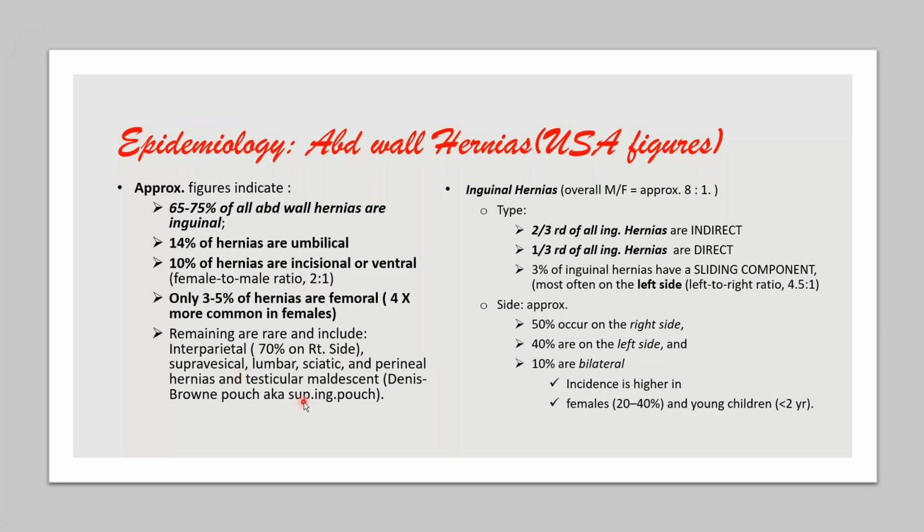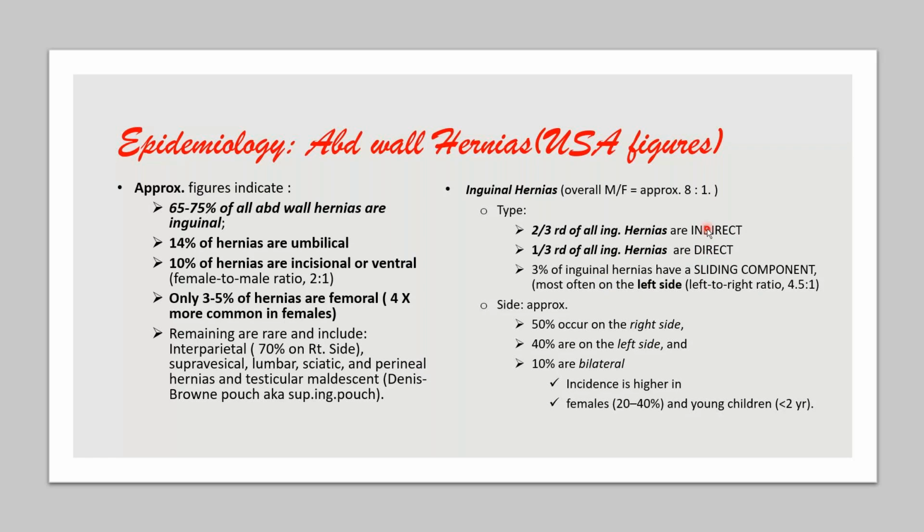Now, coming to the inguinal hernias, which form the major component of abdominal wall hernias, we all know it's more common in the male, but how common? 8 is to 1. And if you look at the type of hernia, you will find that the indirect type is almost two-thirds and one-third are direct inguinal hernia. 3% of the hernias have a sliding component, and this is more often on the left side and more common with the indirect type.